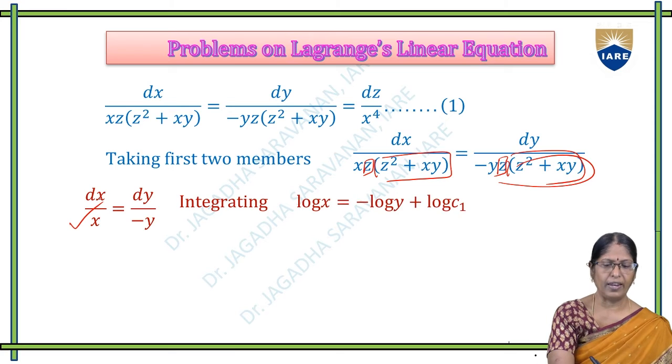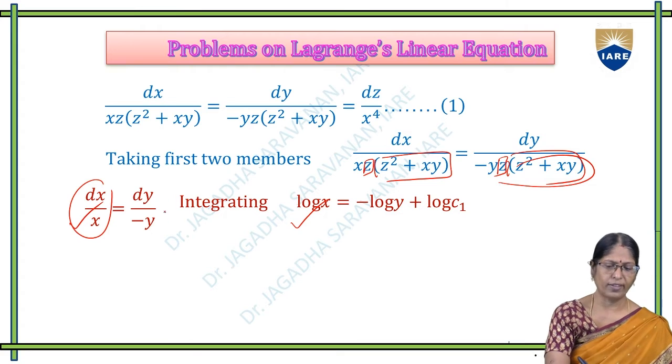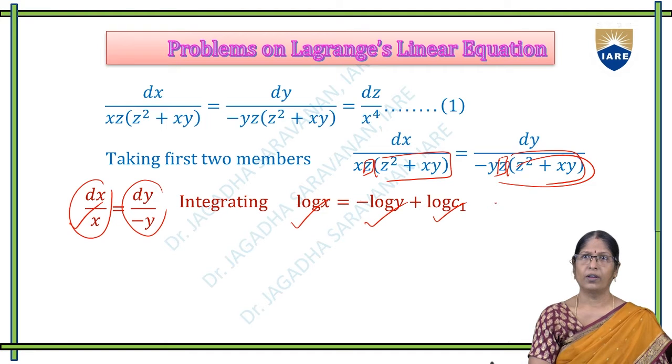Integrating the left side dx by x, we obtain log x, whereas the right side, after integrating, gives minus log y. The constant to be added: since both the terms are logarithmic, we add log c1.